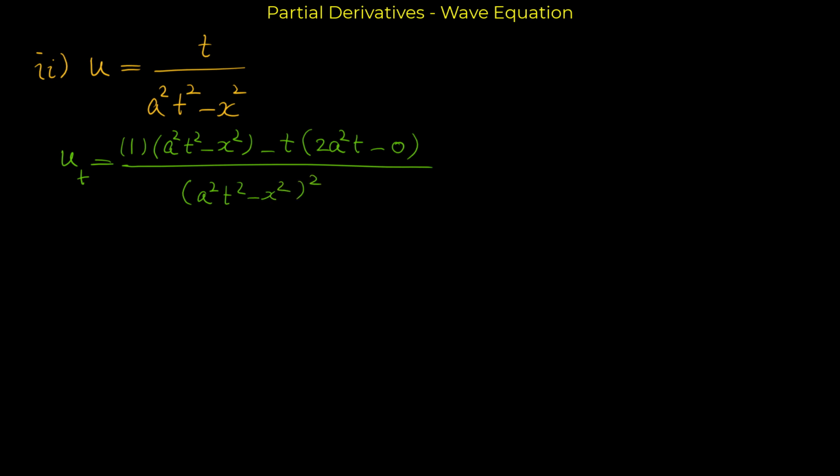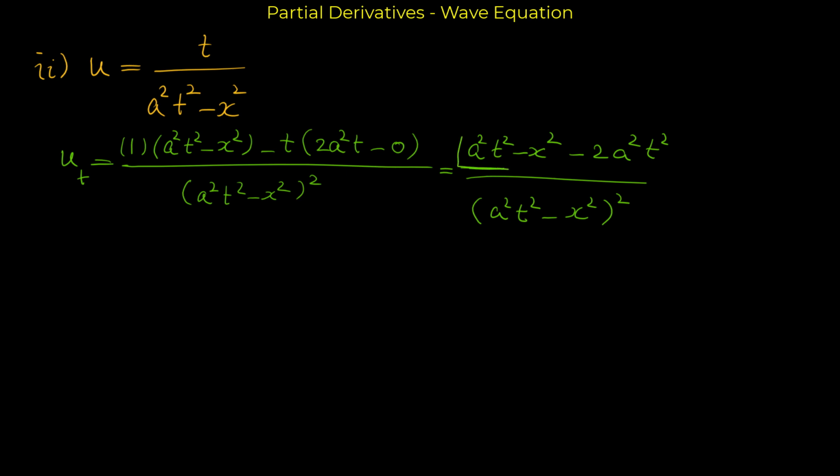Let's simplify this expression if it is possible. If we simplify the numerator, we can see that it equals a²t² minus x² minus 2a²t². We multiply t in the bracket and we get this all over (a²t² minus x²) to the 2. This is 1a²t² minus 2a²t², which would be negative a²t².